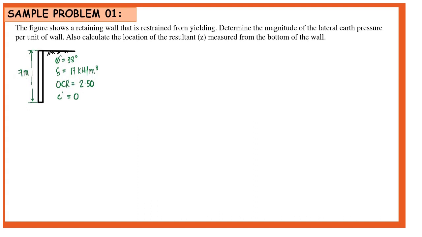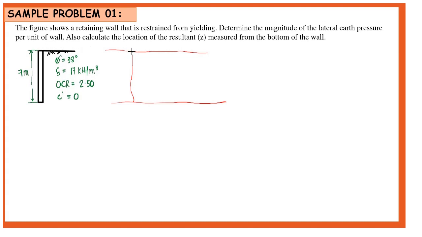Okay, so in this case, our pressure here at our ground surface will be equal to 0 since we have no additional load in here.